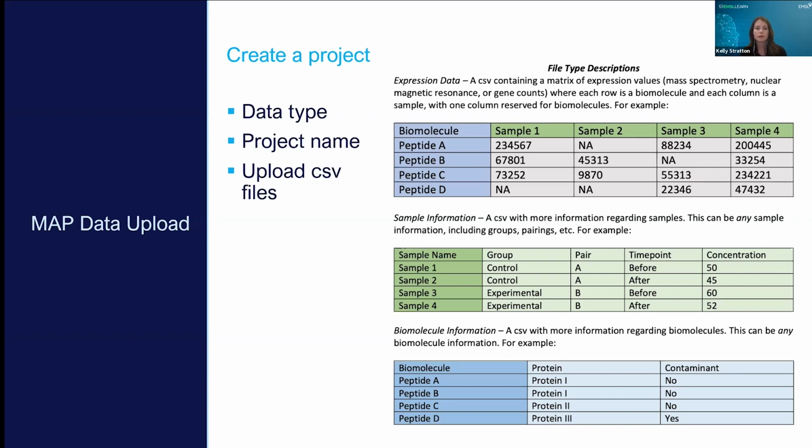The second required file we refer to as the sample information file. This maps the sample names that were in your expression data across the top to different values associated with the experiment. So here we have our sample names. We have a group, which in this case is control and experiment.